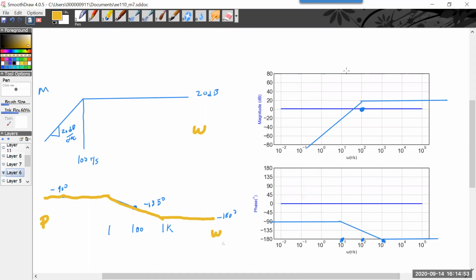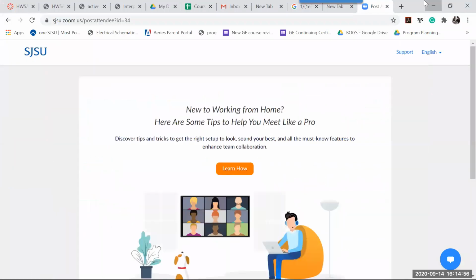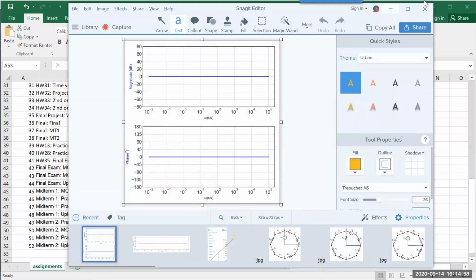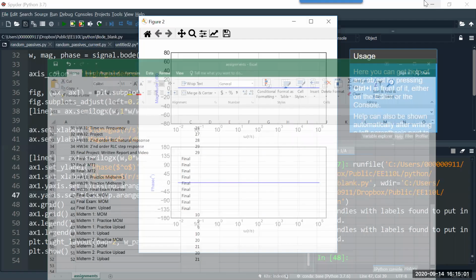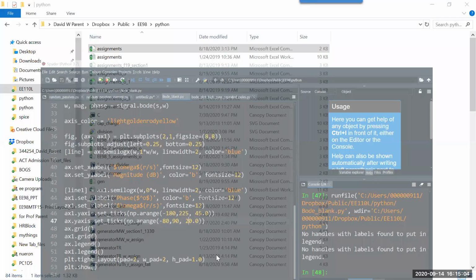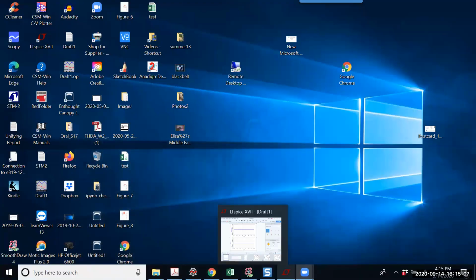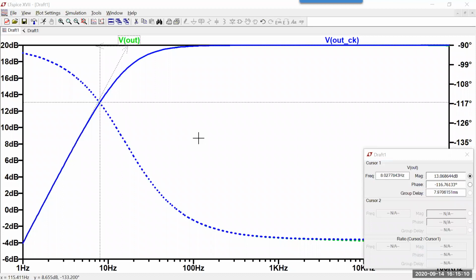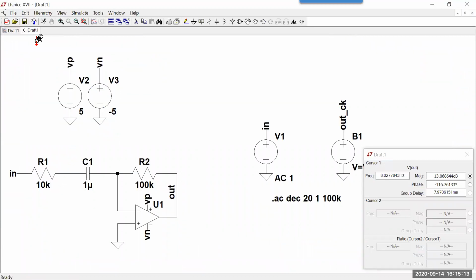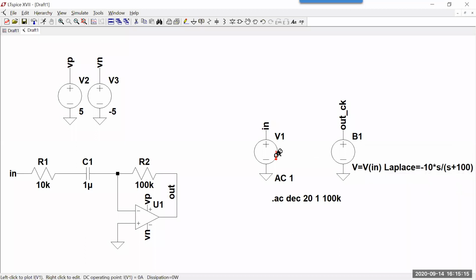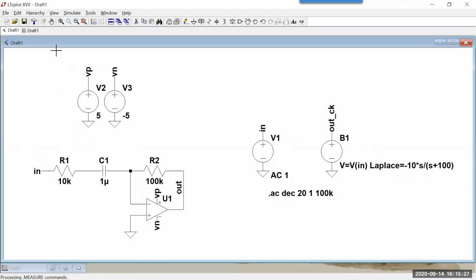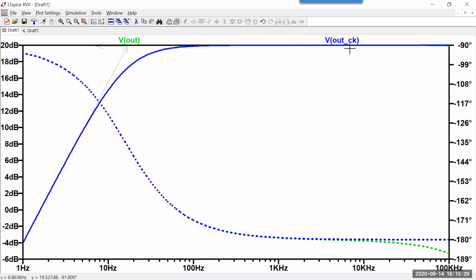Okay. So now let's, so this is LTspice. It's all set up. You can do a Laplace transform in LTspice. And when I run these, the circuit and the check are giving me the same.